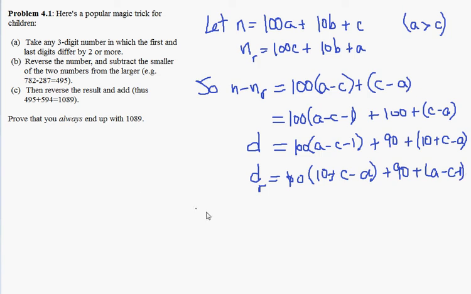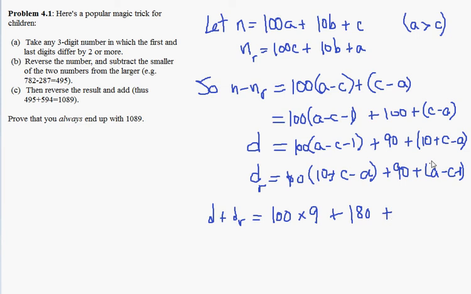And so if I add these two things together, d plus the reverse of d, on the first part here I have 100 times this plus 100 times that. If I add them, everything cancels except for 10 minus 1. So I'll end up with 100 times 9. Then I have 90 plus 90, which makes 180.